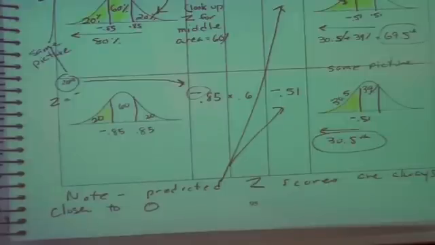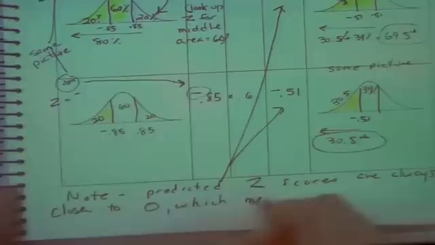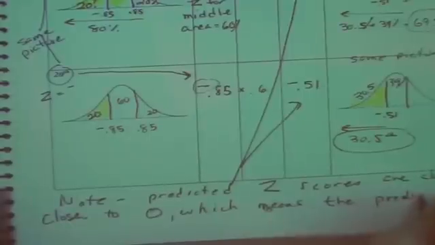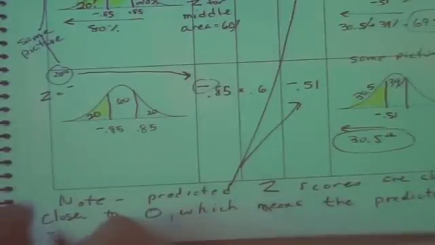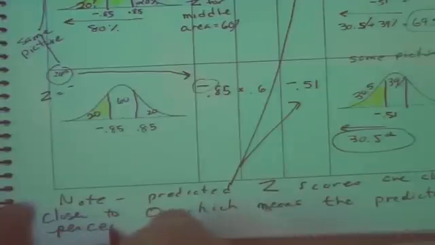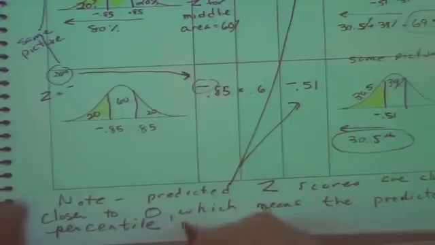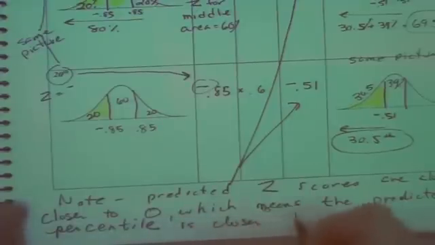Okay, that's all. And which means what? Which means the predicted percentile is closer to what? The average. Right, and what is the average percentile? 50. Right, means the predicted percentile is closer to the 50th.